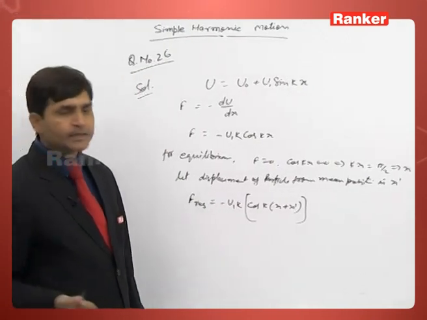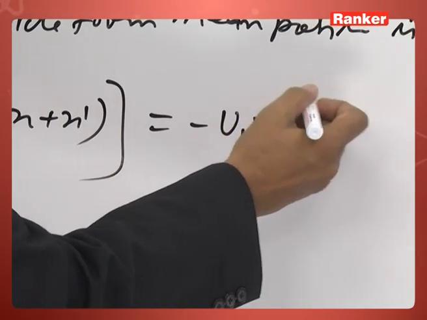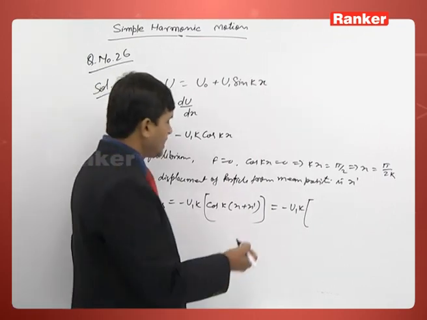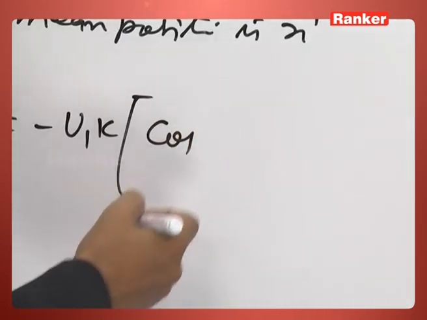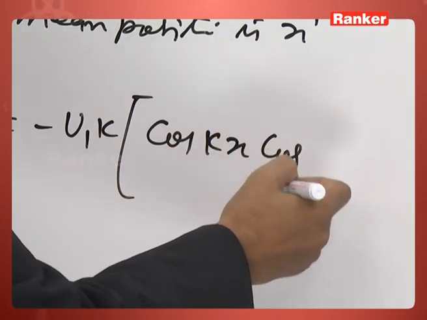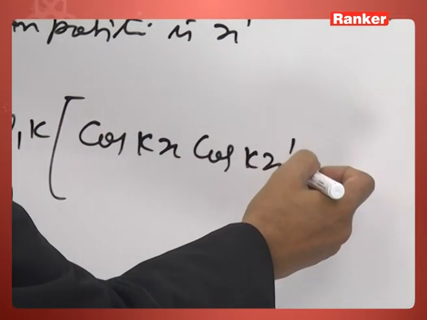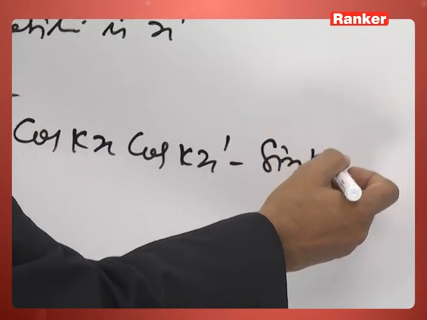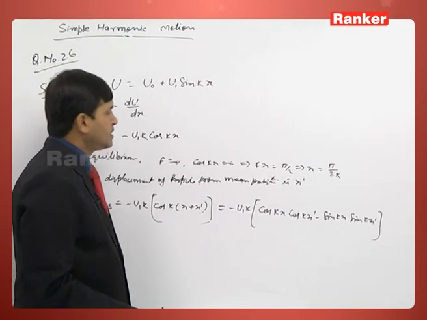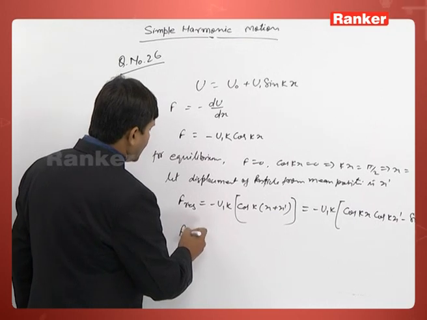This we can expand. On expanding, cos of a plus b we can write as cos a cos b minus sin a sin b, like this.